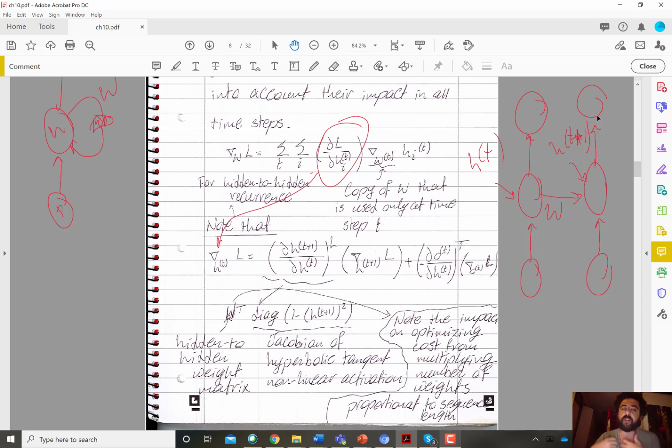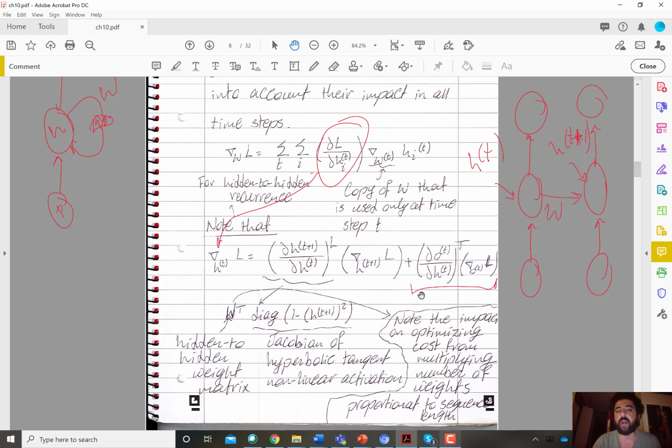So when I compute the gradient of the loss, which is computed based on the outputs, with respect to h of t, I need to compute through these two paths. One path coming backwards from h of t plus 1 and one path coming backwards from O of t, right? So the one coming from O of t is right here.